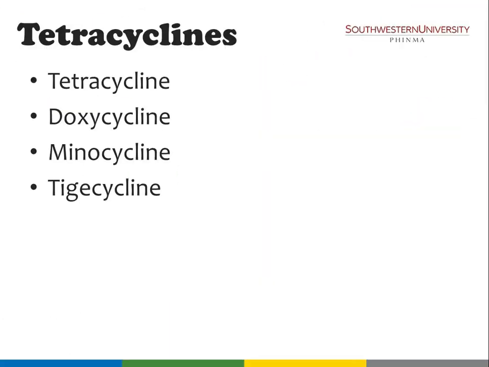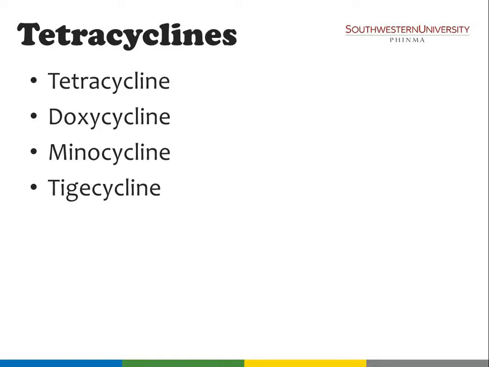Okay, the first drug that we are going to discuss is your tetracyclines. Tetracyclines are considered a class of broad-spectrum antibiotics that act as bacterial protein synthesis inhibitors. Examples of them are tetracycline, doxycycline, minocycline, and tigecycline.